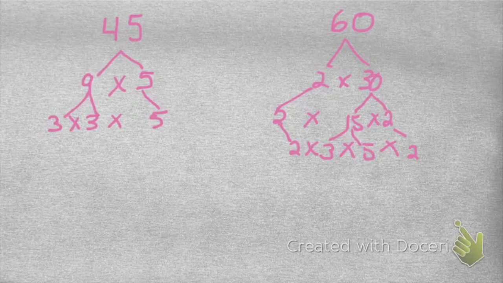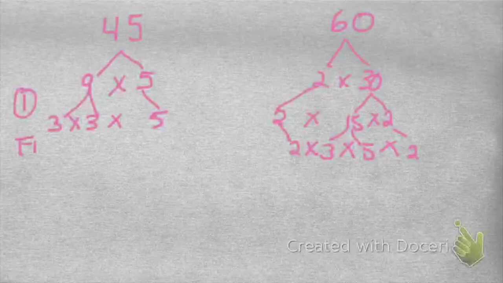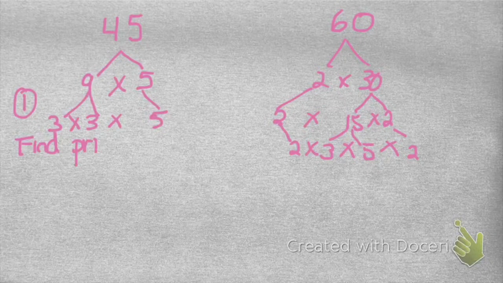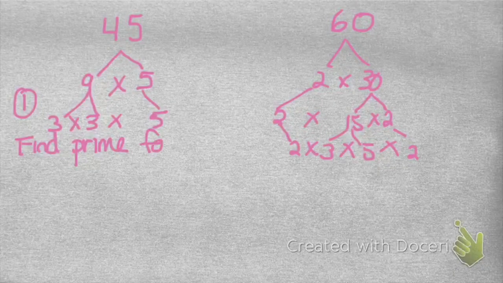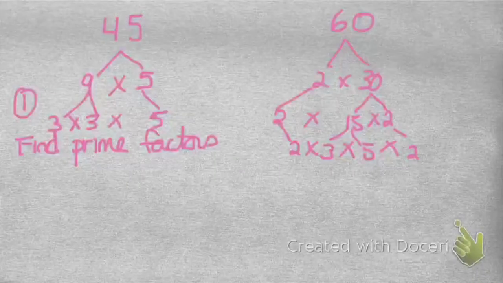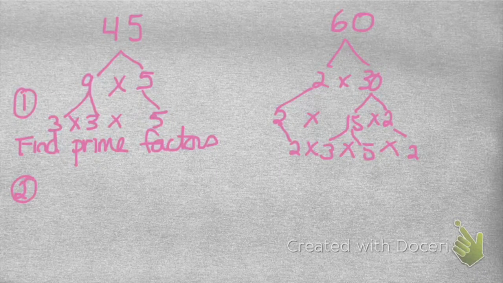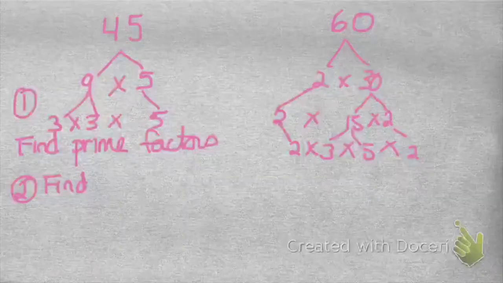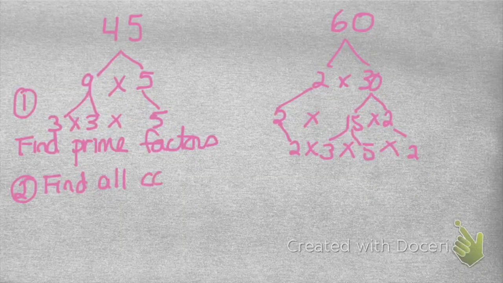To find the greatest common factor, the first step is to find the prime factors. The second step is to find all the common prime factors.